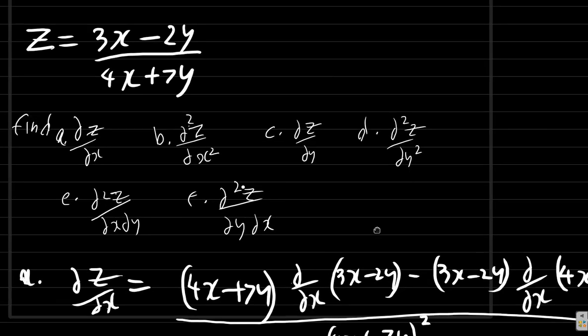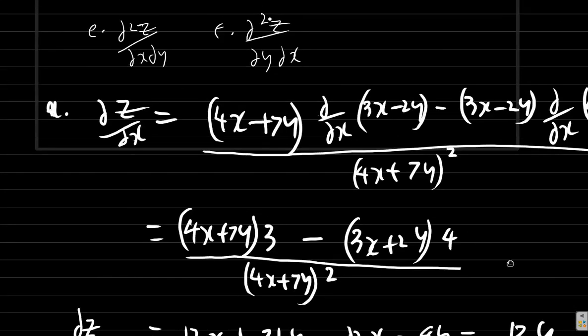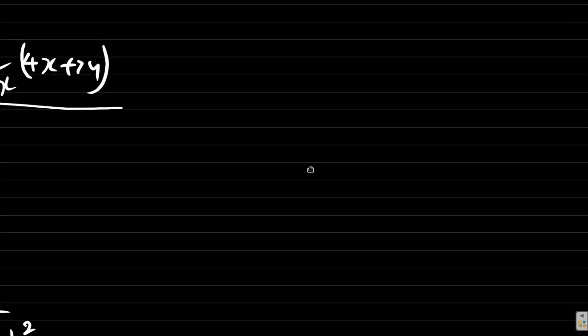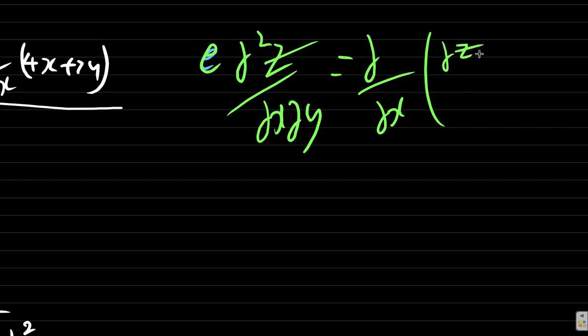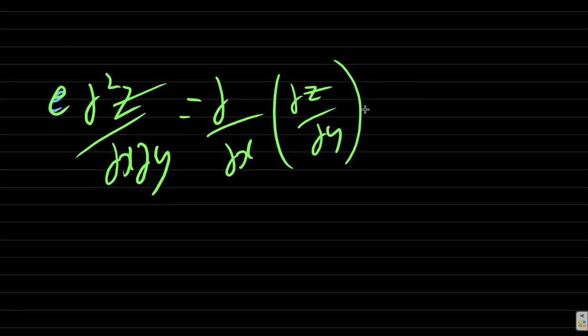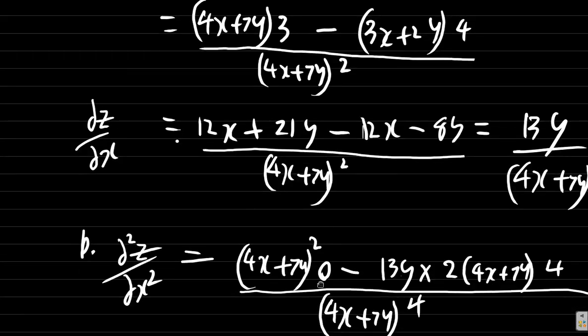That was D. Let's find delta square z by delta x delta y. That would be E. Alright, part E. Delta square z by delta x delta y. It means the delta by delta x of delta z by delta y, which we did already. So we're going to differentiate with respect to x, delta z by delta y. What was delta z by delta y again?